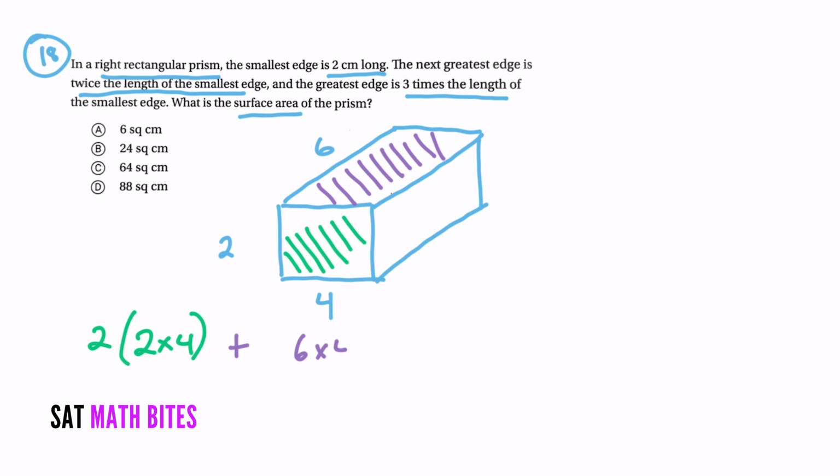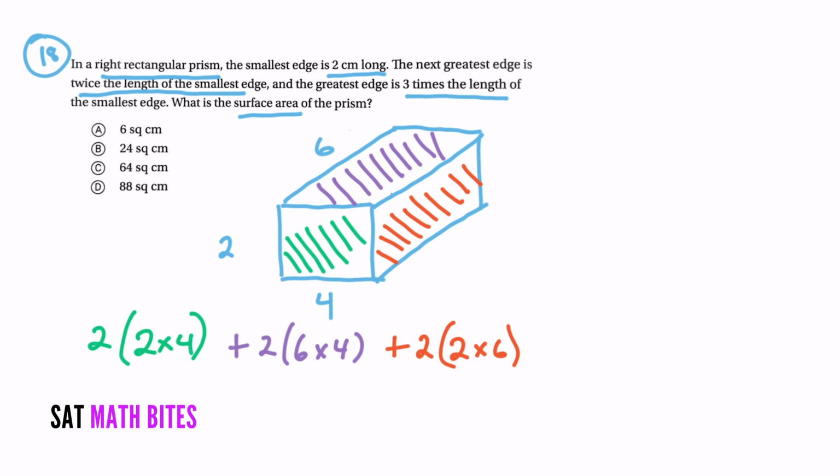But again, there's 2 of them, the top and the bottom. And then finally, the side here would be 2 times 6. But again, there's 2 of them, the left and the right.